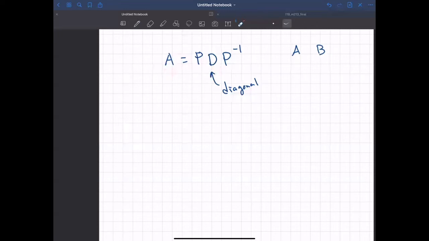So the matrix D is always going to be diagonal. Is that right? In general, no. You could talk about similarity where B is not diagonal, but for everything we talk about, generally that was the case.